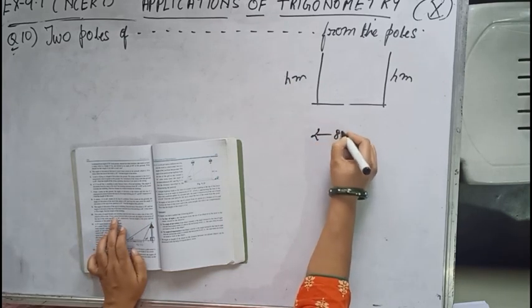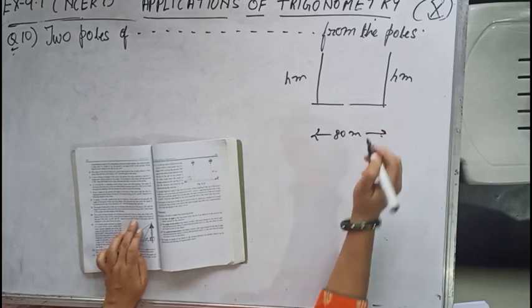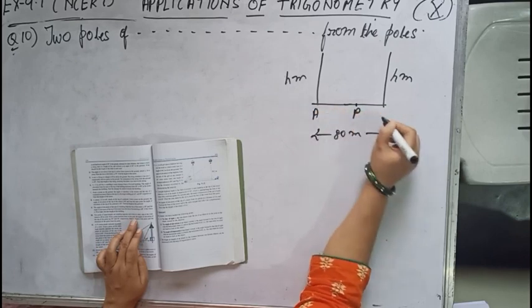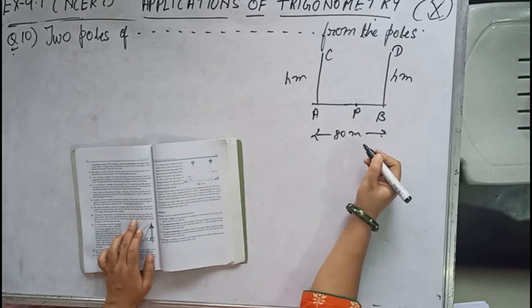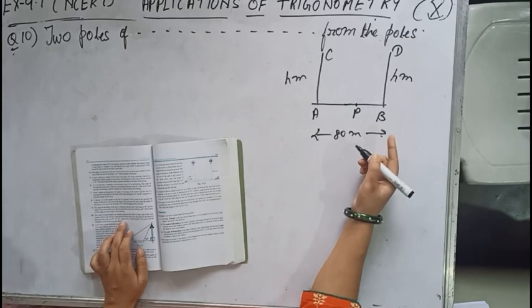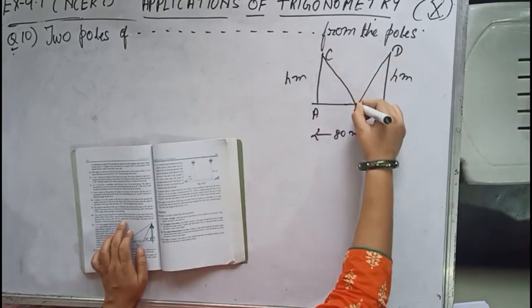So this width is 80 meter. From a point on the road, any point is taken on the road. Let us suppose this point is P. Let us make it A, B, C and D. From a point between them on the road, the angle of elevation of the top of the poles are 60 and 30 degree. So over here 60 and 30.